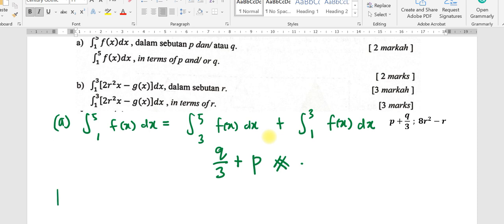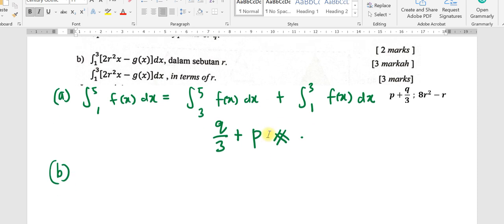Okay. And then the second one. Second one look crazy little bit. Okay, the one in terms of R. Everything in terms of R. 2R square. Okay, kita buat macam ni dulu. 3, 1. Okay. Kita juga ada R square ada pula.